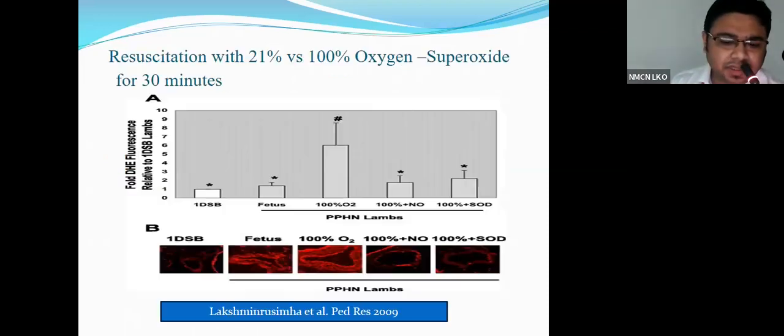So this was one of the experiments done by Professor Lakshmi Simha, which was published in Pediatric Research in 2009. This graph shows various curves where resuscitation was done with 21% in comparison with 100% oxygen.